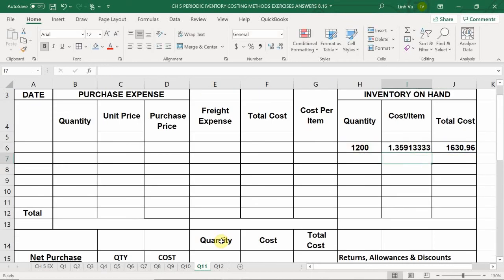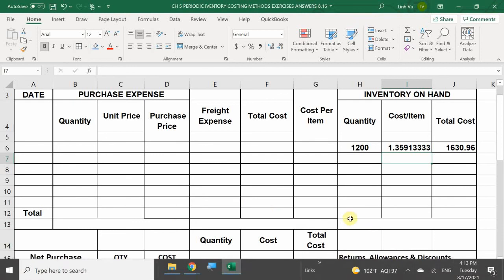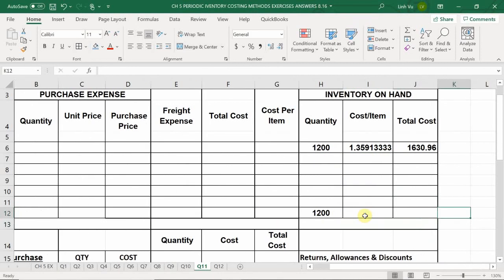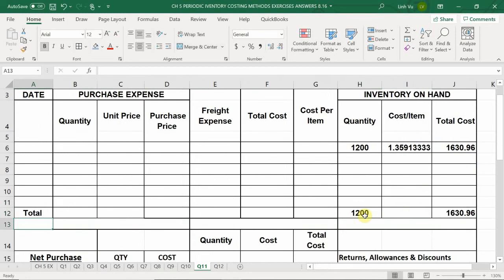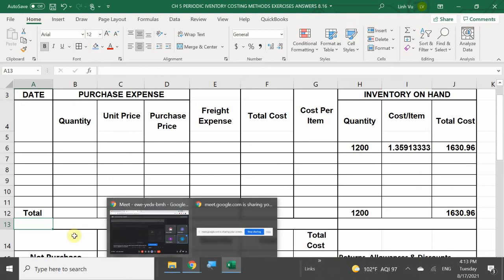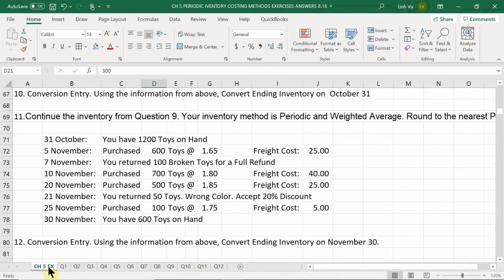You don't need to separate it, you just get your totals there. So that gives me a total of 1,200 units at a total of 1,630.96. That's it for your beginning inventory. Okay, so then let's go ahead and plug in the rest of this scenario.